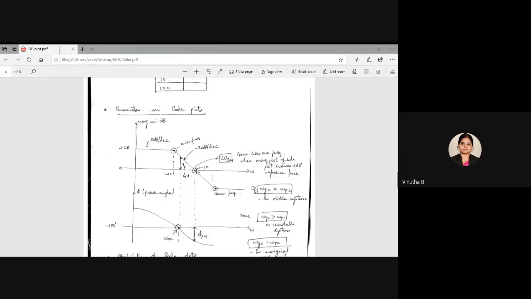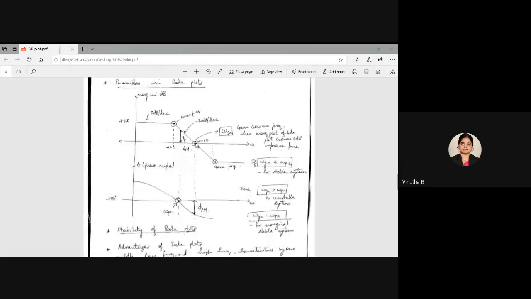Now, this is also one more corner frequency, and I told you that whenever the slope crosses this 0 dB reference line, that is called the gain crossover frequency. So omega GC indicates the gain crossover frequency, where the magnitude plot of the Bode plot crosses the 0 dB reference line.